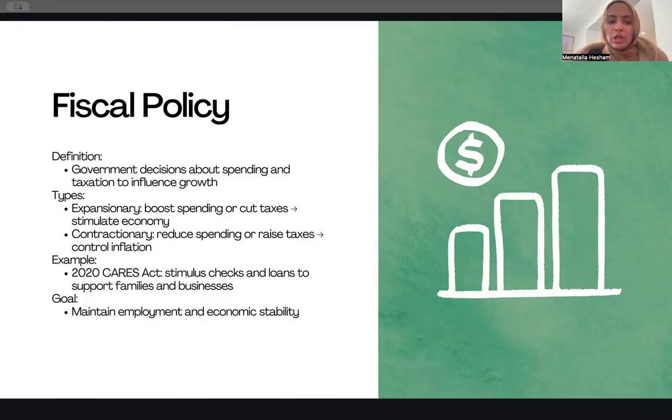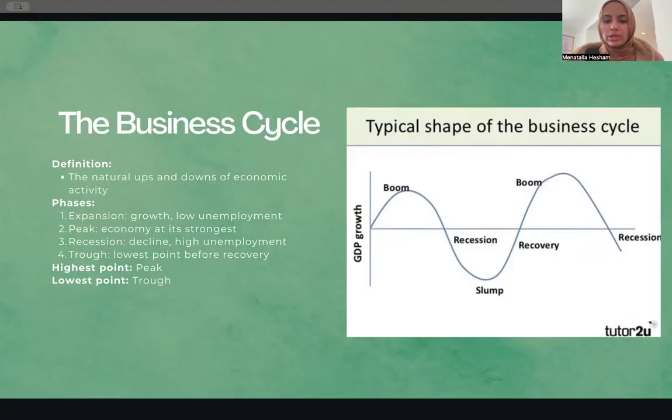For example, the CARES Act in 2020 provided stimulus checks and loans to support households and businesses during the pandemic. Fiscal policy is essential for managing economic growth and stabilizing the employment rate.